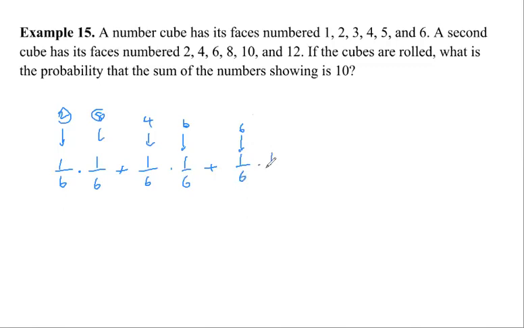And those are the only 3 possibilities. So you would add them up and get 1 over 36 plus 1 over 36 plus 1 over 36, which equals 3 over 36, not 3 over 30. I need to work on adding. Which would equal 1 over 12.